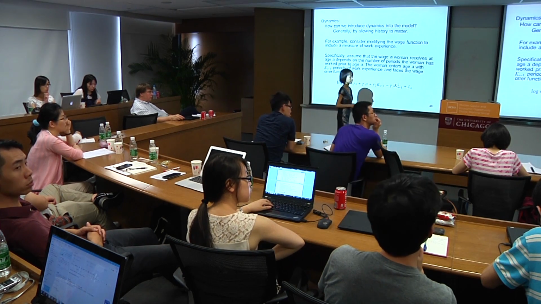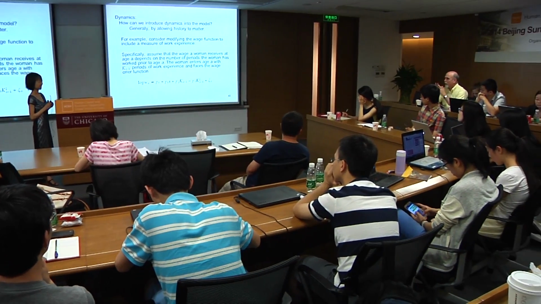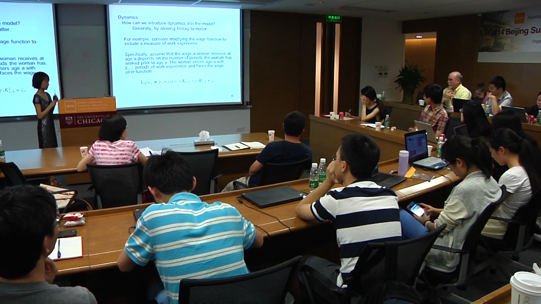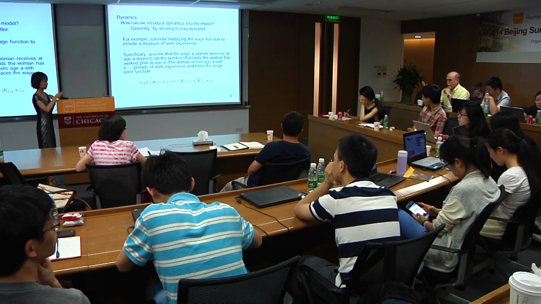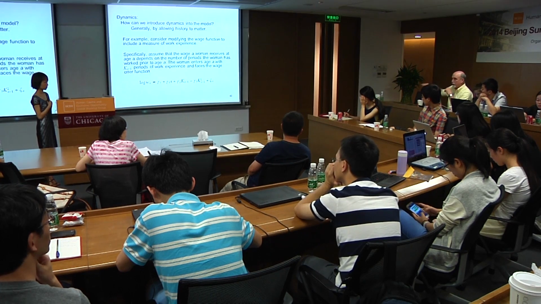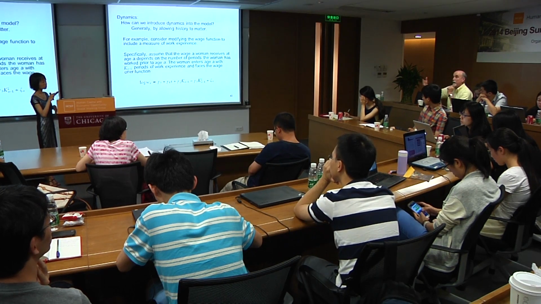So if I wanted to be excessively theoretical, which of course I always do, I would want to write down a dynamic programming problem and have people forecasting future wage rates and all of this kind of stuff, right? And a lot of the stuff in the state variable would in fact be unobservable, like expectations about the future and so on.